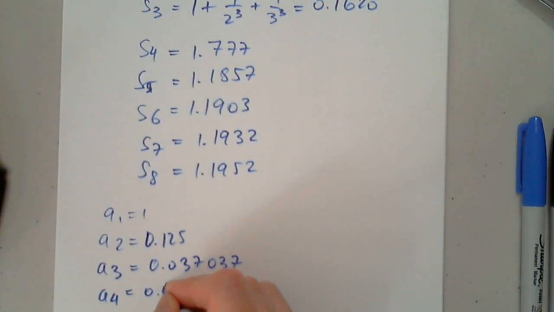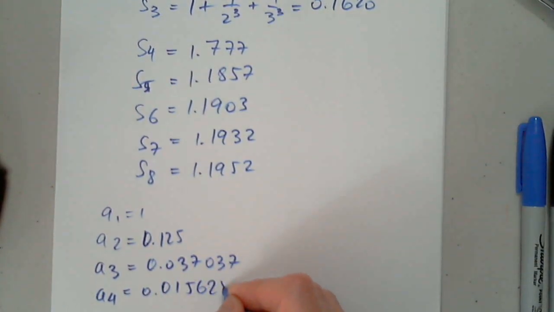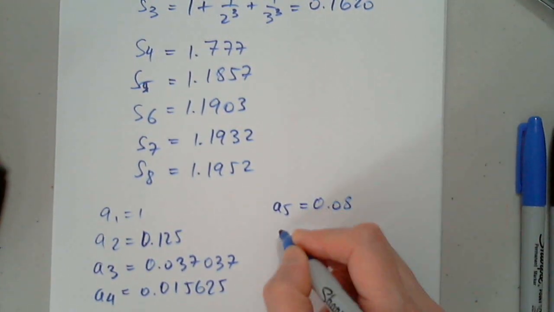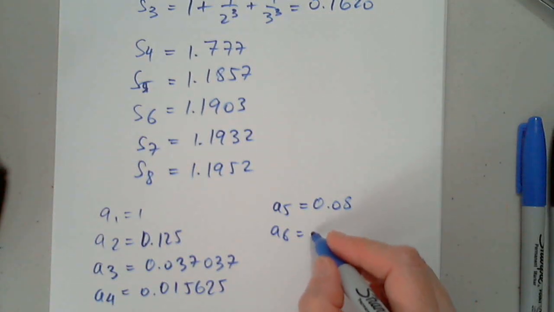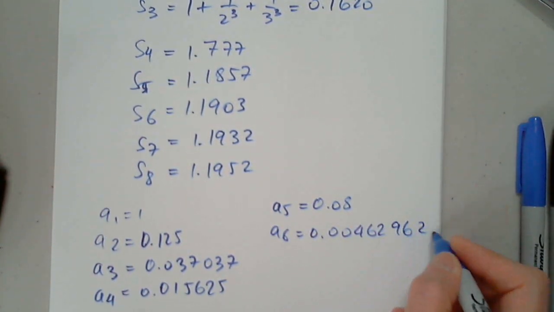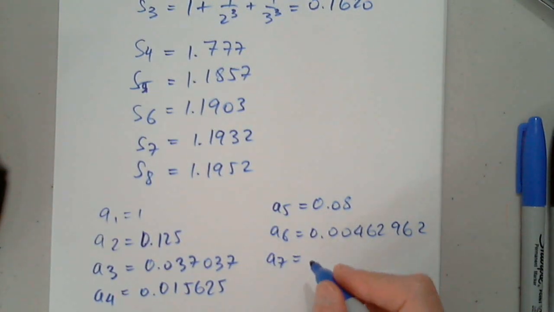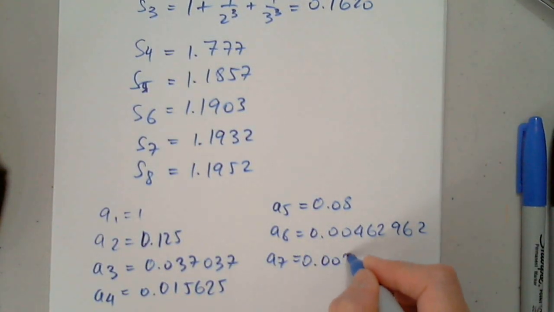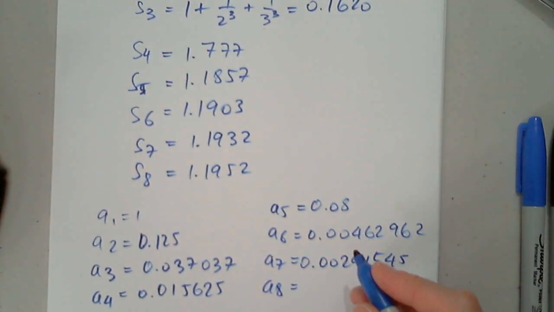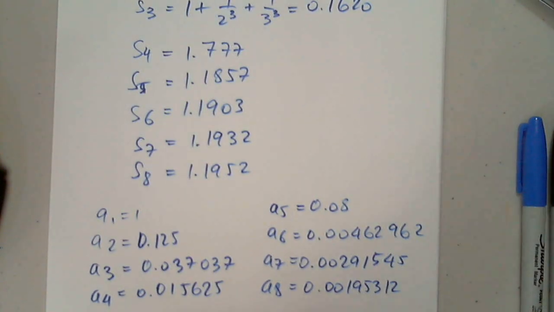A4, 0.015625. A5, 0.008. A sub 6, 0.00462962. A7, 0.002915545, and the last one, A sub 8, 0.00195312.